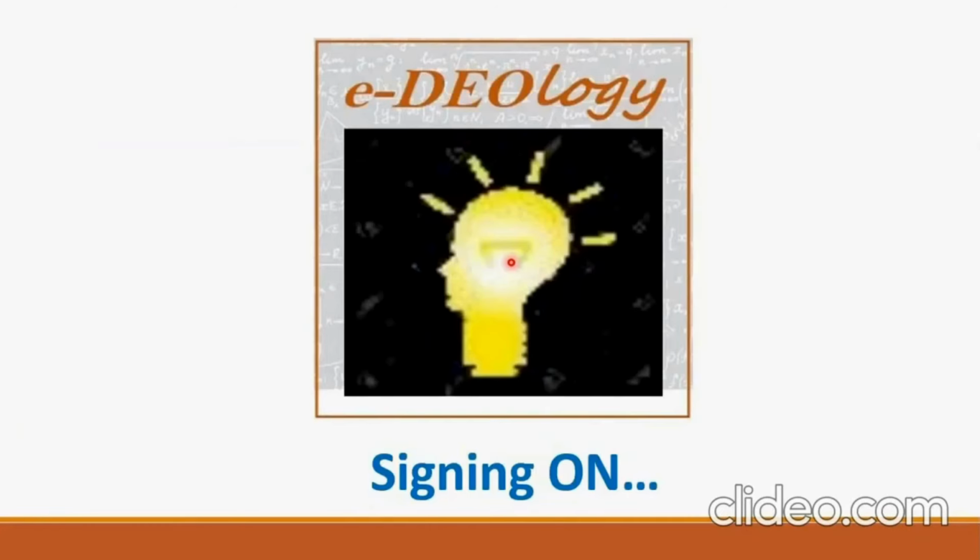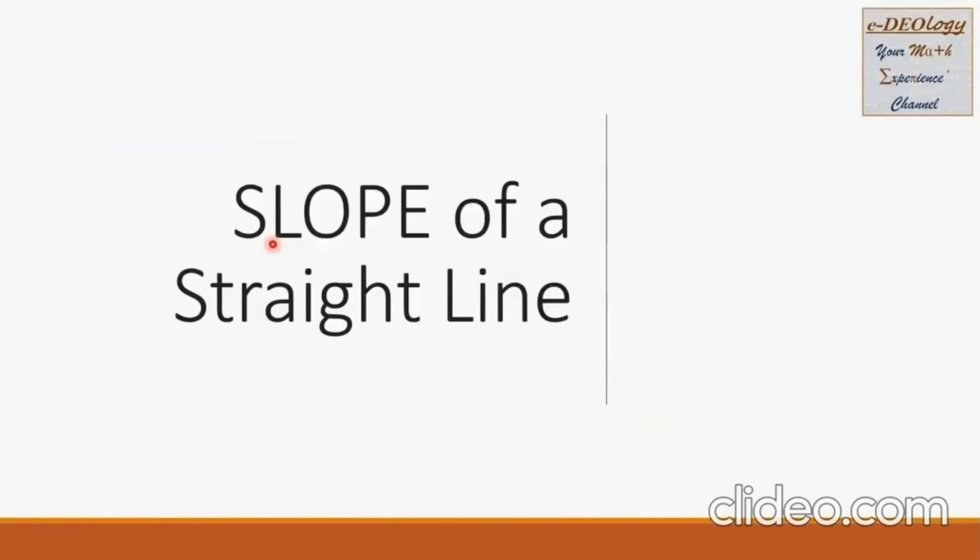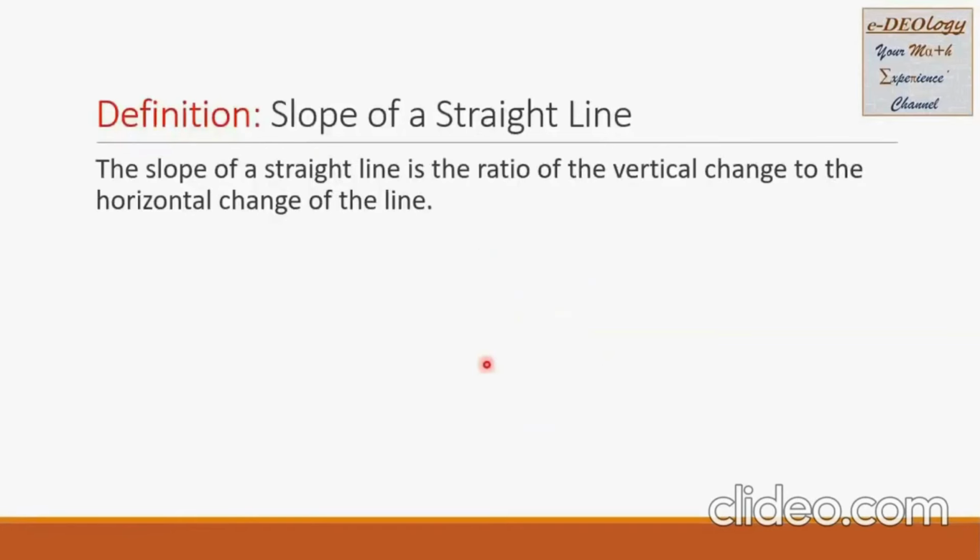Hi everyone. Today we're going to study slope of a straight line. Let us define the slope of a straight line. The slope of a straight line is the ratio of the vertical change to the horizontal change of the line.